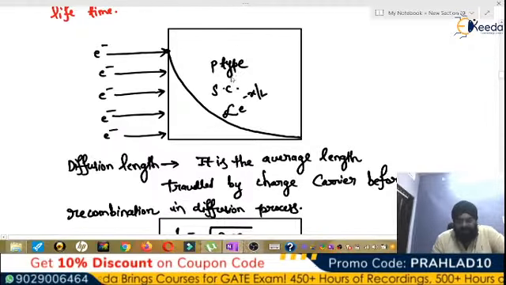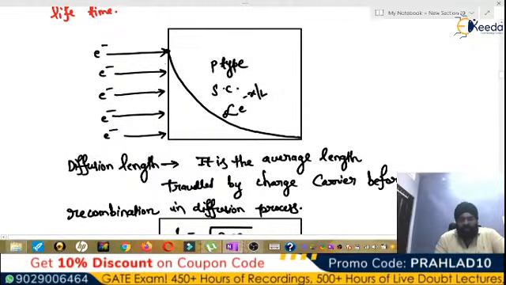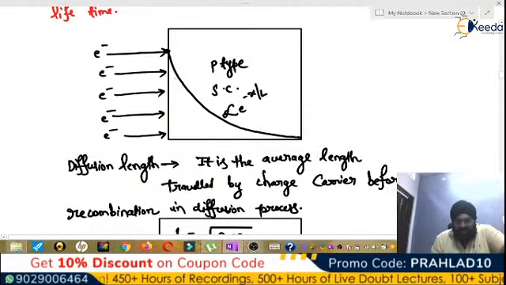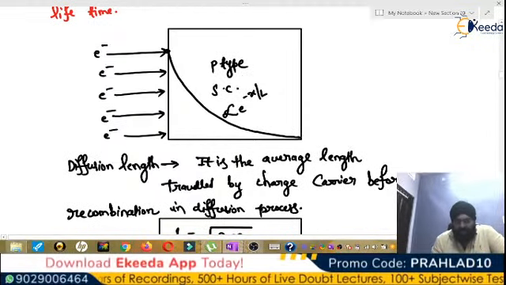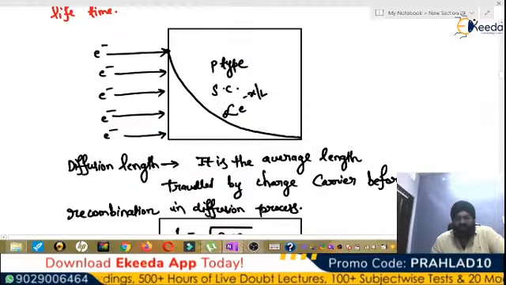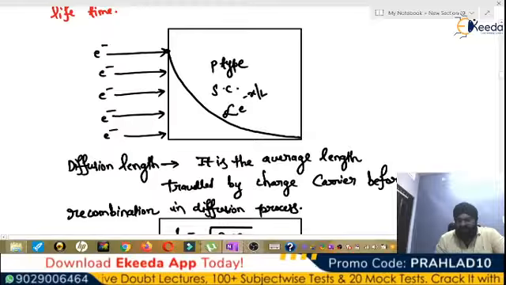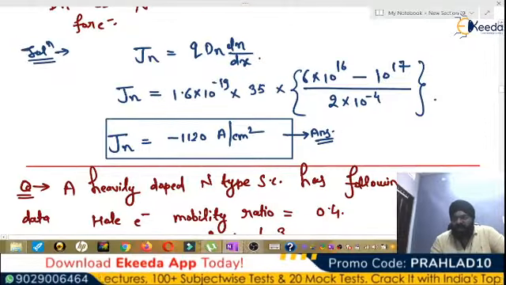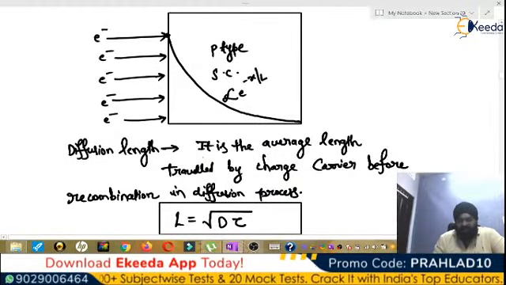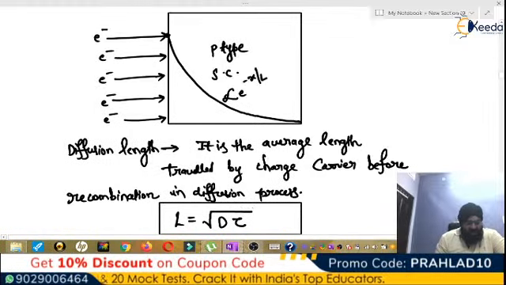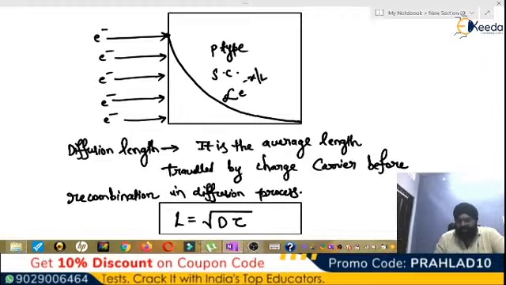Like this is a p-type semiconductor, and when we are injecting the electrons here, electrons will continuously recombine with the holes in the p-type semiconductor, and their concentration will exponentially decrease with respect to distance. So diffusion length is the average length traveled by the charge carriers before the recombination process.